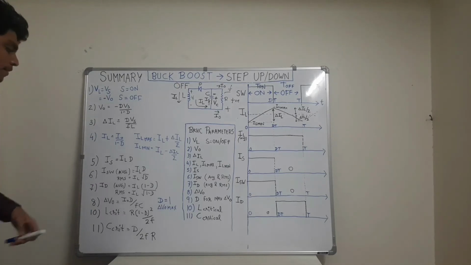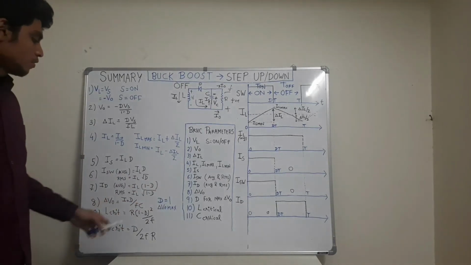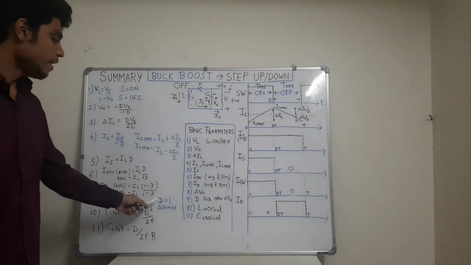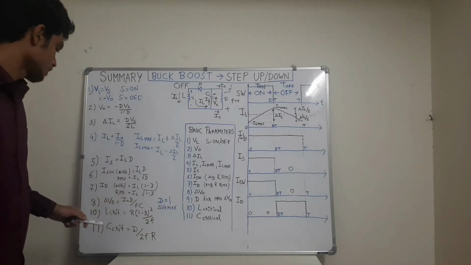Now the eighth thing, that is del V naught, ripple in the output voltage, that was coming out to be I naught into D divided by FC, and at duty cycle 1 it becomes maximum.